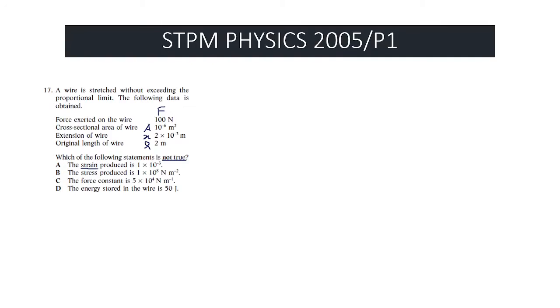First, A, the strain is defined as x per L. So we get 10 to the minus 3. So there is no unit, and this is true, but it is not our answer. We want to find out the one that is not true.